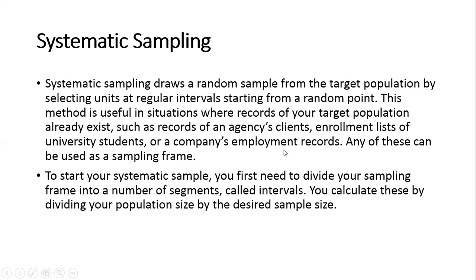So this is usually useful when you already have an organized record of participants. Let's say you want to pick students from a university, let's say Uniben, to do something. You can look at their matric number and then use systematic sampling to select them at regular intervals.